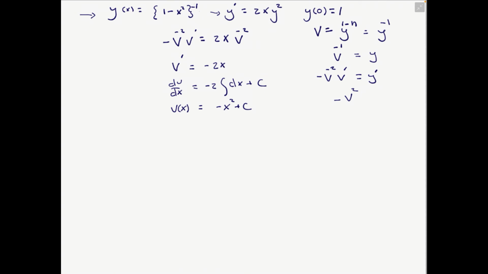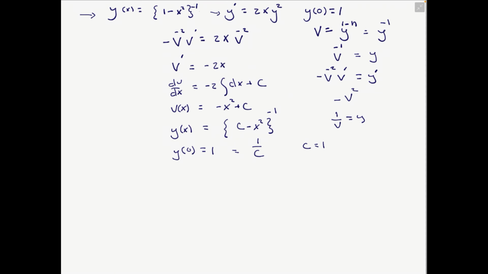But we realize that 1 over v equals y, so y of x is equal to c minus x squared to the negative 1. And we have the initial conditions, so y of 0 equals 1, which is equal to 1 over c.